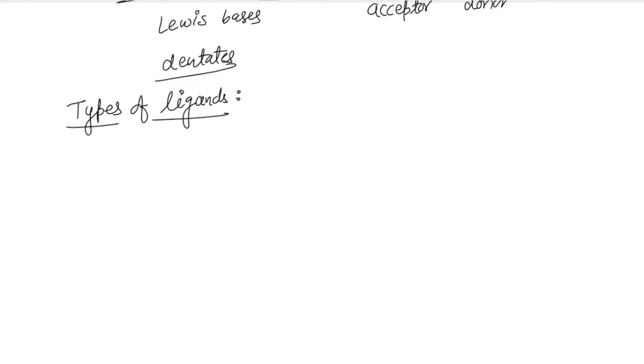The atom or ion which donates the electron pair in the ligand is called the donor atom or ion.